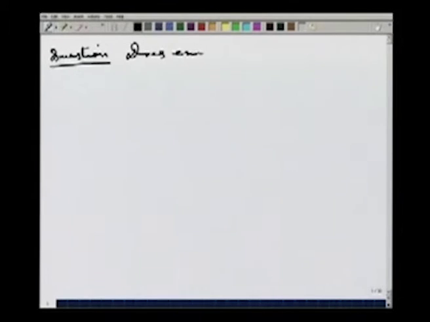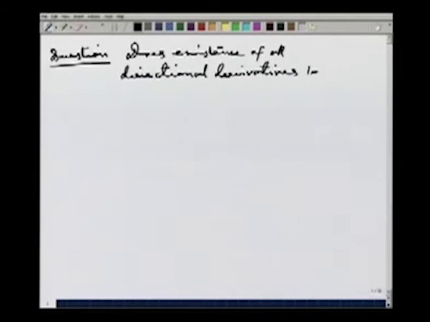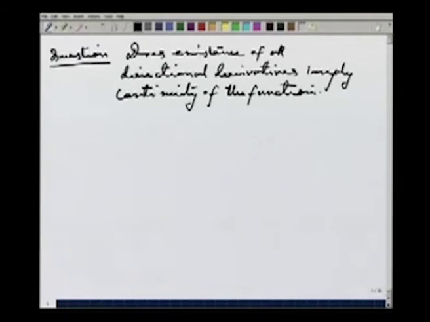Does existence of all directional derivatives imply continuity of the function? Well, the answer to this question is no. That can be shown by the following example.